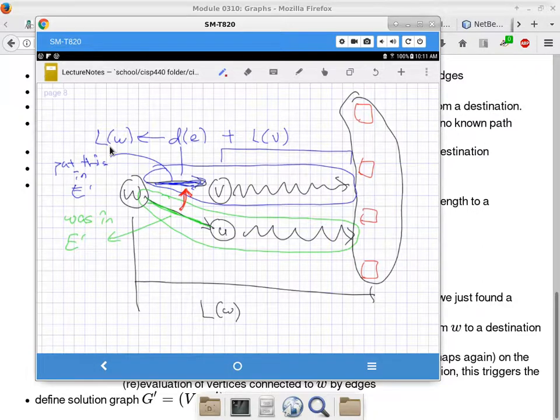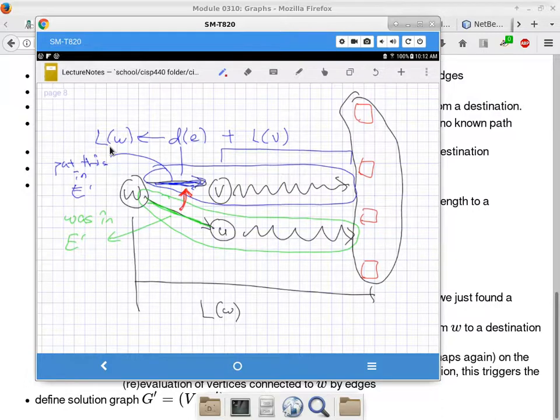In other words, the path from V to a destination remains the way it was, and the path from U to one of the destinations also remains the way that it was. All I'm changing is switching from this to here because the green path as a whole has a longer length than the blue path as a whole.